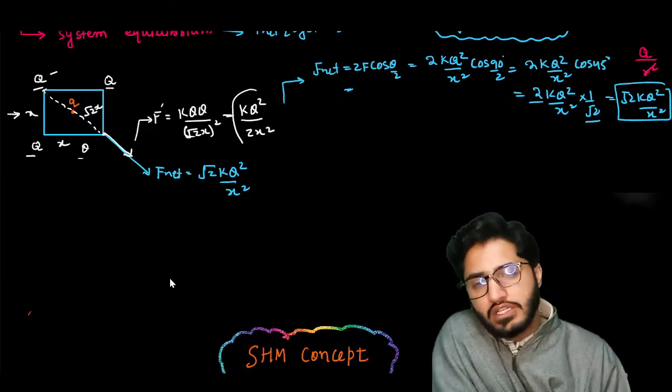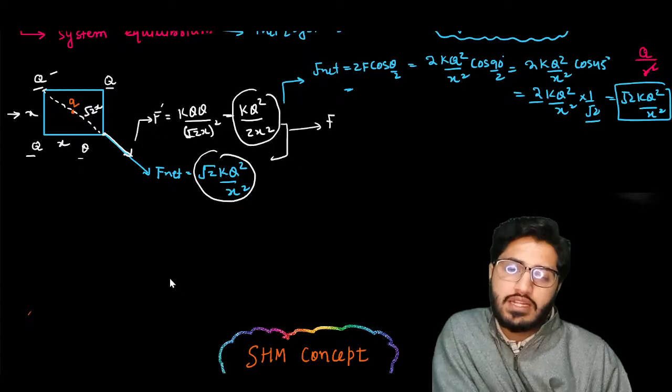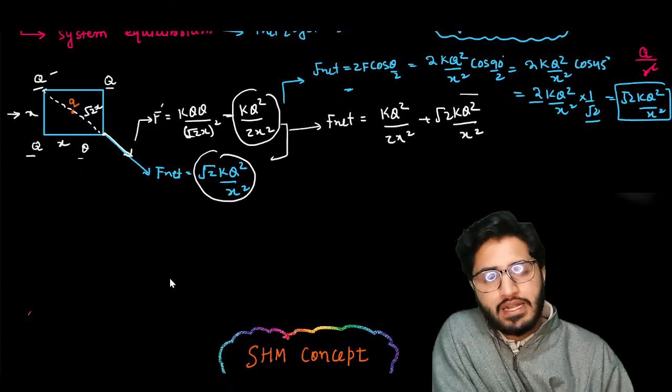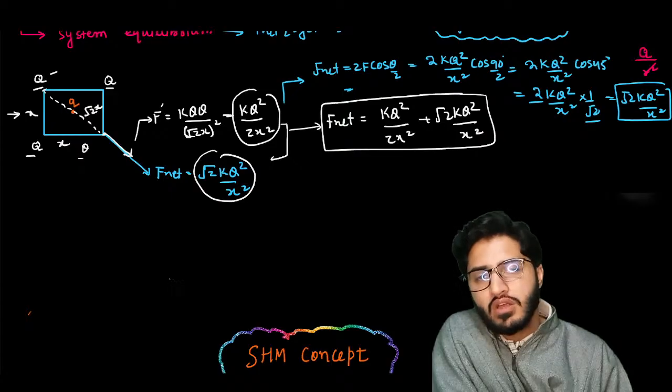Now both this one and this one are in the same direction. So to get the net of these two, I will write K Q square by 2X square plus root 2 K Q square by X square. So my net force acting on this one is this much. Okay, one more force.